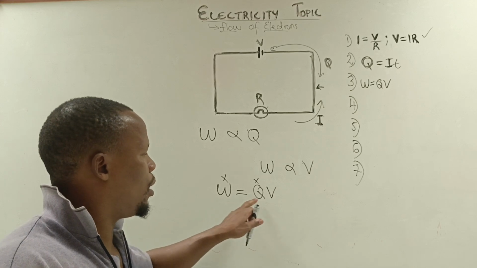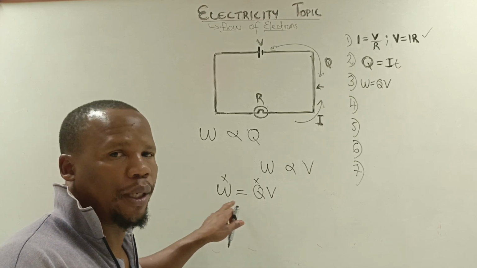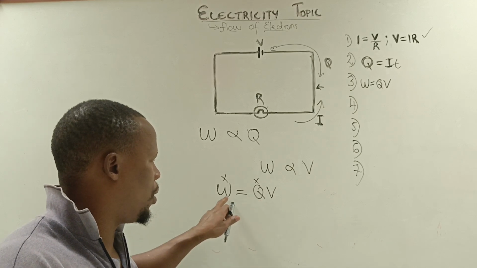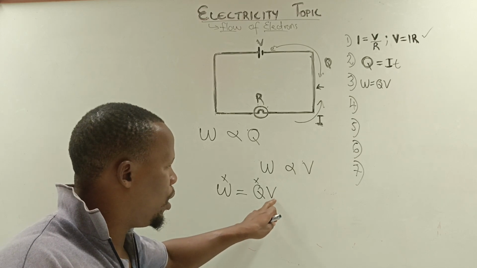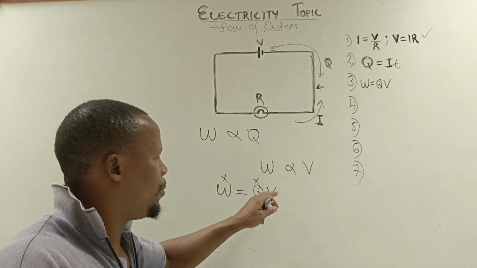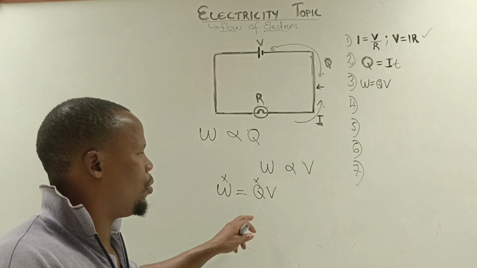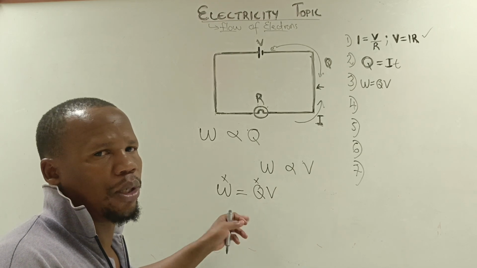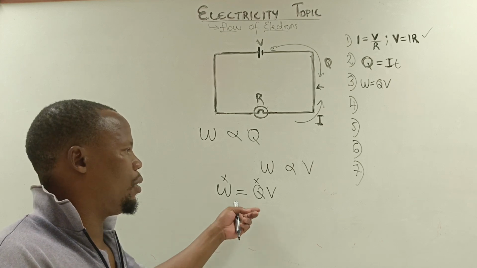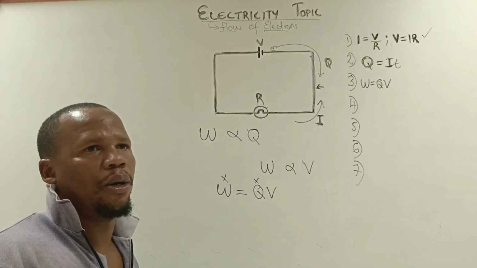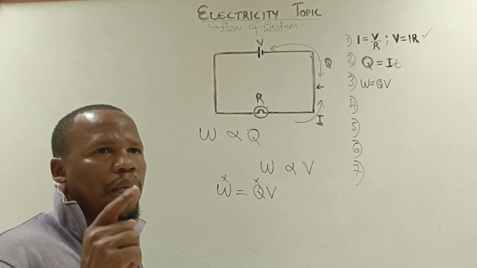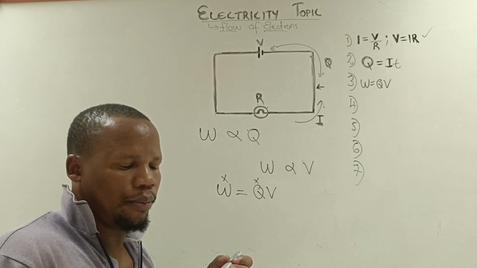So we have two variables that you cannot measure. You can only measure voltage. Even though we have the voltage, with two variables you won't be able to solve for Q or W. So we don't like this formula because we have two variables in one equation.